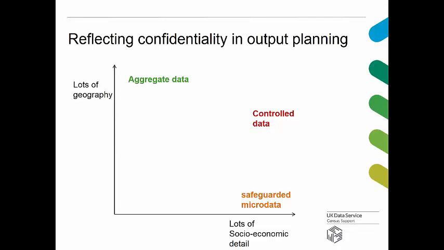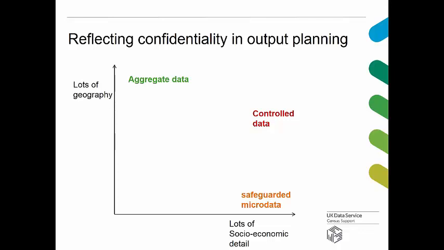So for example, if you knew someone aged 41 who was born in Norway, that wouldn't be enough to identify them, as there's possibly lots of people with those characteristics in the UK, but if that data is available at a really small geographical level, perhaps cross-tabulated with some other information, then that might be sufficient to identify them. So generally, there's a trade-off between the amount of geography and the amount of socioeconomic detail, but not both.